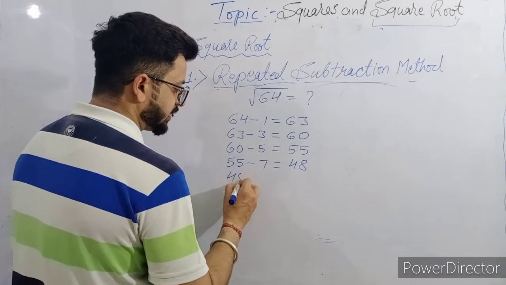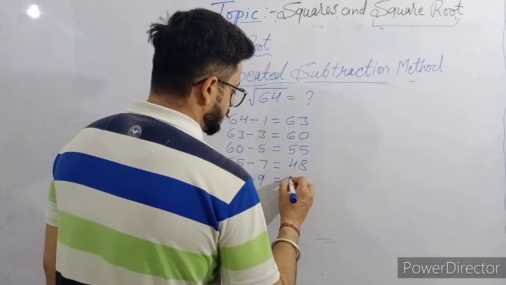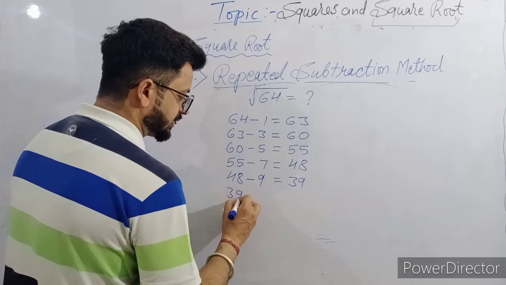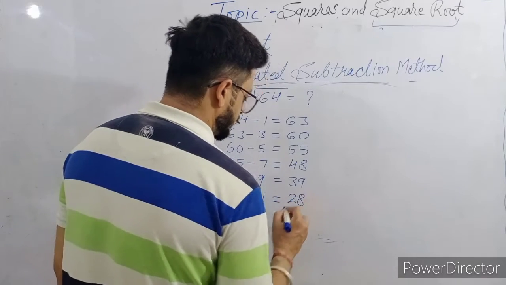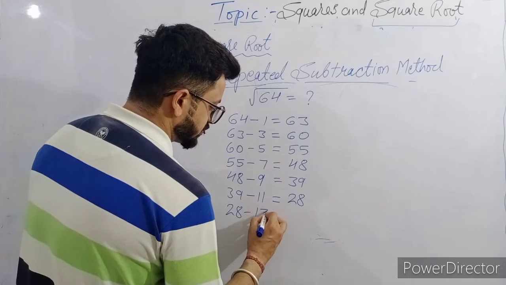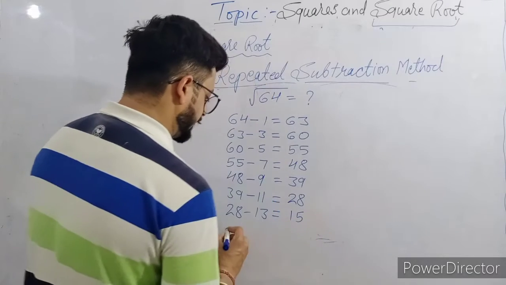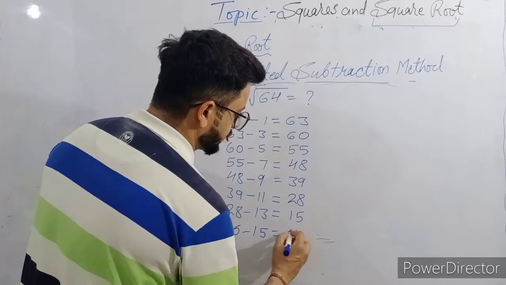And then from 48, I will subtract 9. Then 39. And then from 39 I will subtract 11, then 28, and then from 28 I will subtract 13, then 15, and now from 15 I will subtract the next odd number 15, 0.